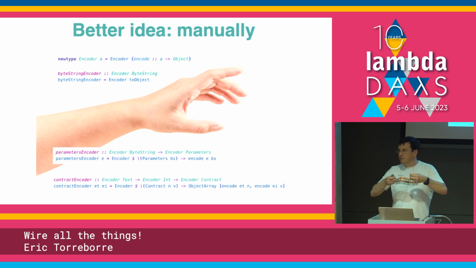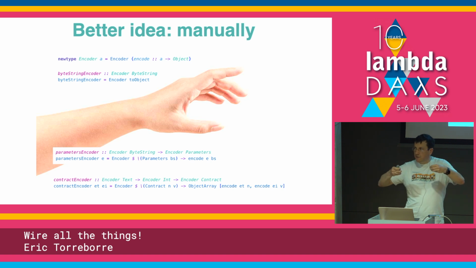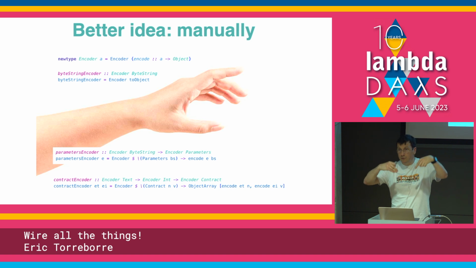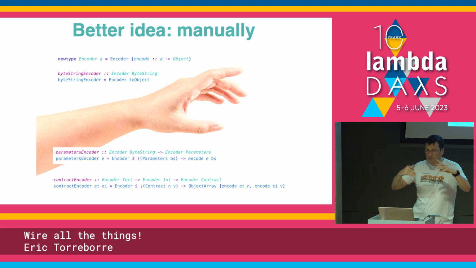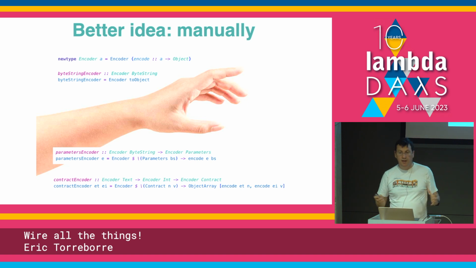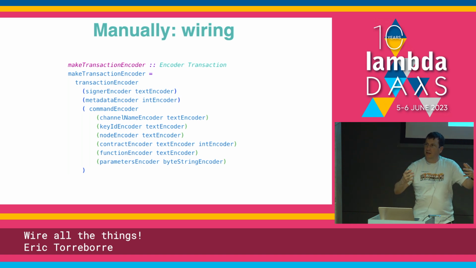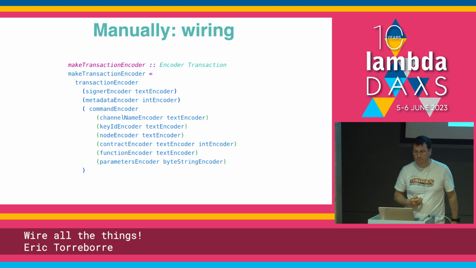And then based on that, you can create other encoders, taking those encoders as parameters to build an encoder for a contract, then build an encoder for a command, and then build an encoder for a transaction, right? So you build progressively the encoders you need by creating functions taking other encoders as parameters. That's what you would do. And eventually, you arrive at this big expression representing an encoder for a whole transaction, for the whole of your data model.